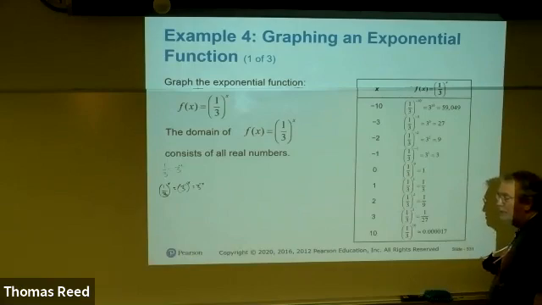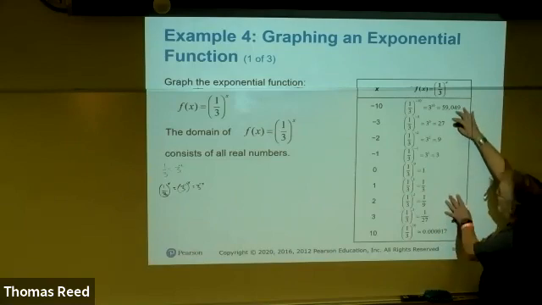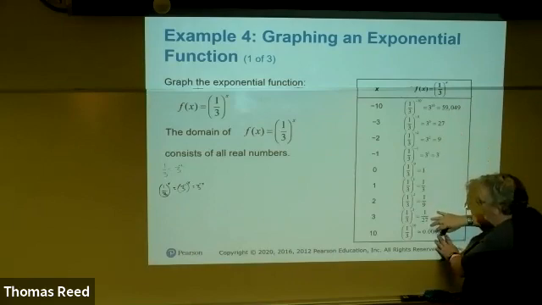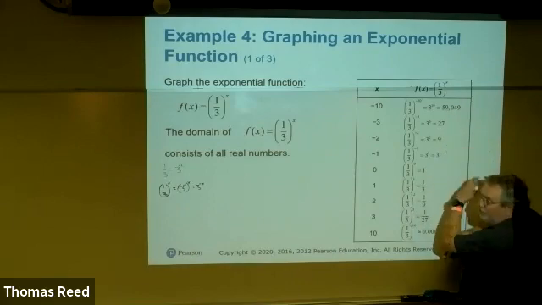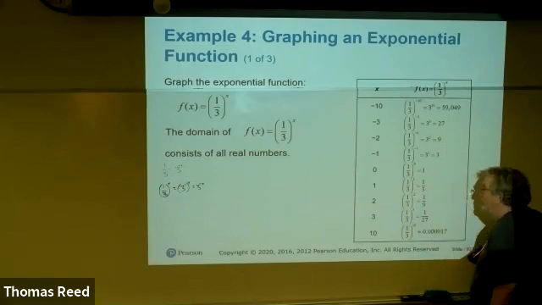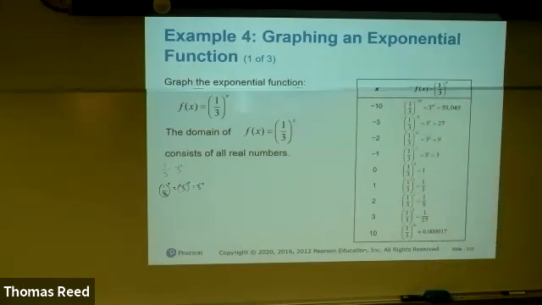If you look back at the table for 3 to the x power, these values we got for f of x have been flip-flopped, because we're doing the reciprocal of what that was, because 1/3 is the reciprocal of 3. That doesn't say that they're inverse functions, it says that they're reciprocal functions. Inverse functions and reciprocal functions are different things.